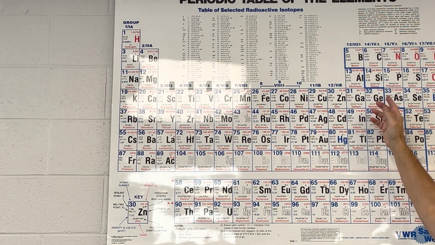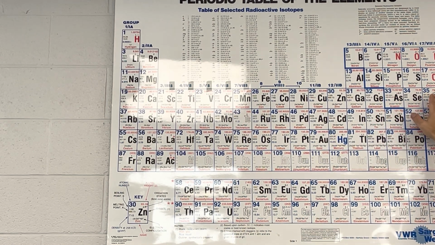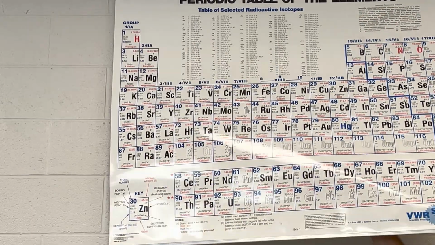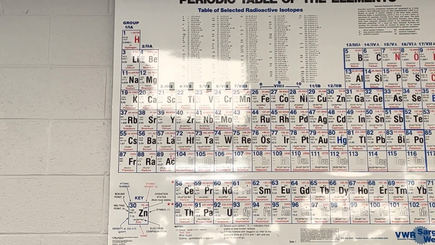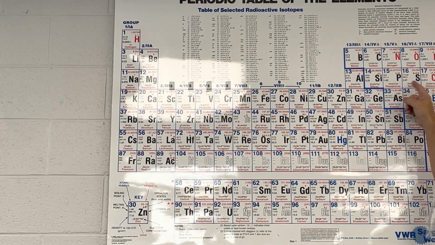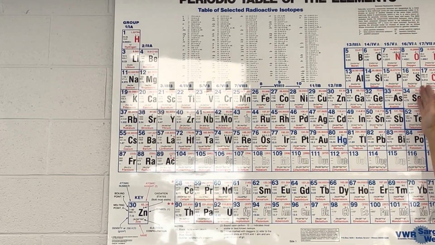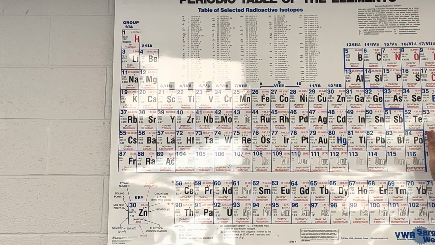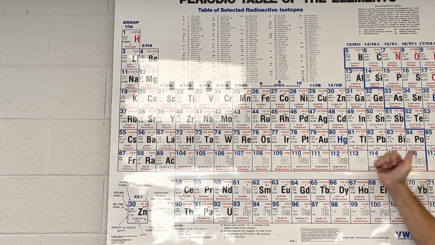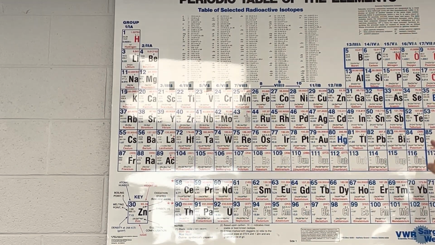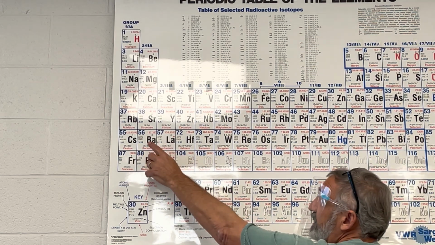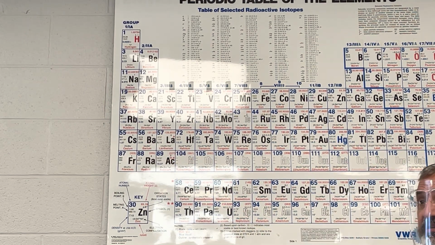Some books say 3.5. Chlorine's 3.16. Nitrogen's 3.04. And all those values are given on the back side of your periodic table. So the top right are my highest electronegative elements. Halogens as a family are the most electronegative. Electronegativity increases left to right and decreases going down, which means that these over here are your weakest.